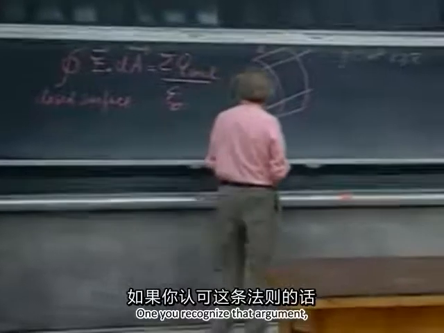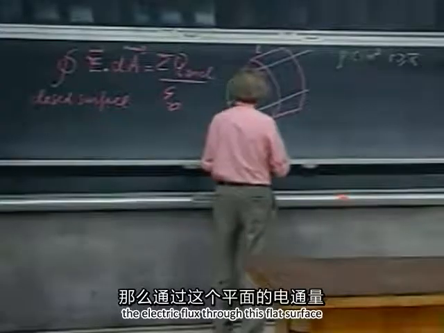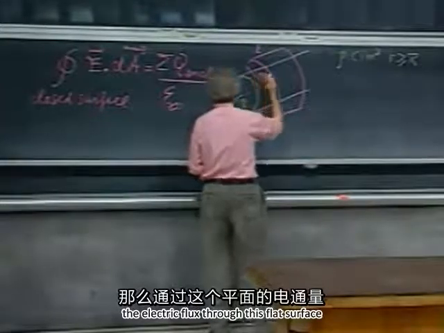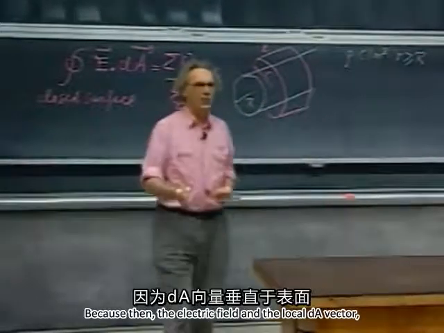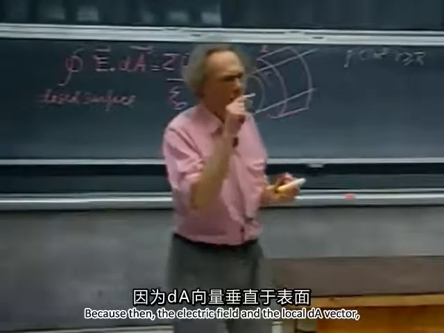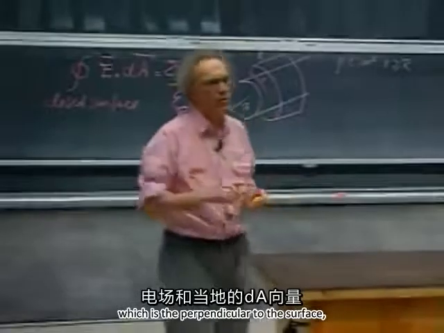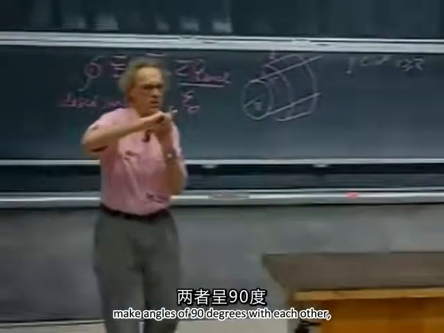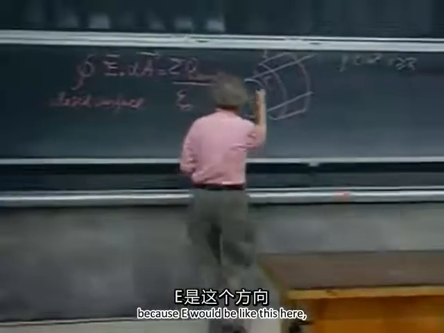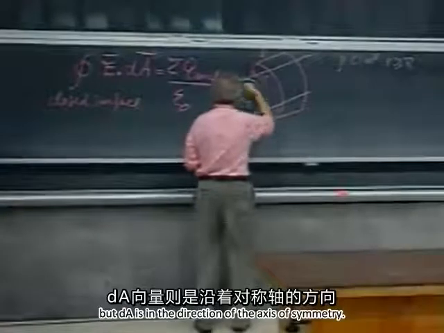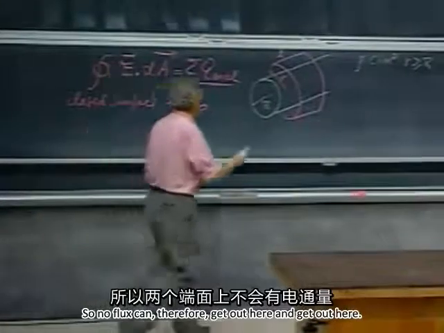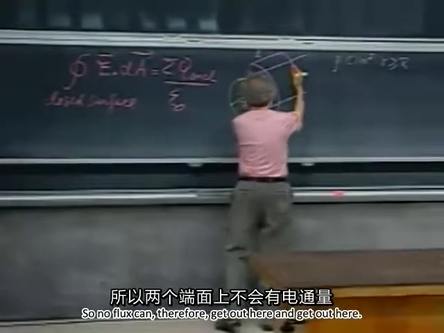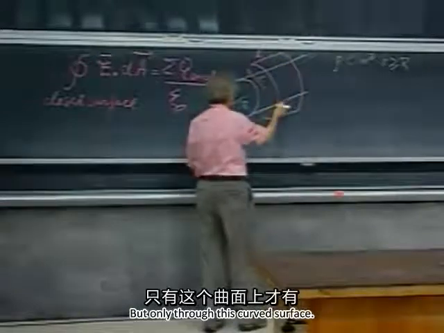Once you recognize that argument, the electric flux through this flat surface and through that flat surface must be 0. Because then the electric field and the local dA vector, which is perpendicular to the surface, make angles of 90 degrees with each other. Because E would be like this here, but dA is in the direction of the axis of symmetry. So no flux can therefore get out here and get out here, but only through this curved surface.